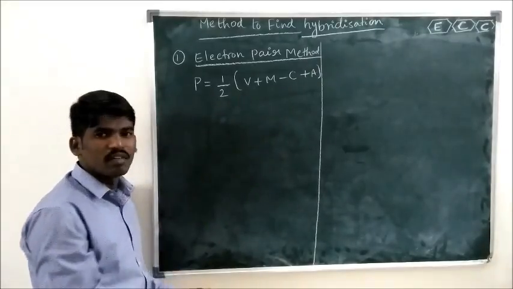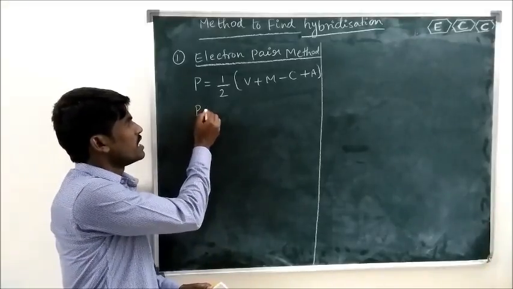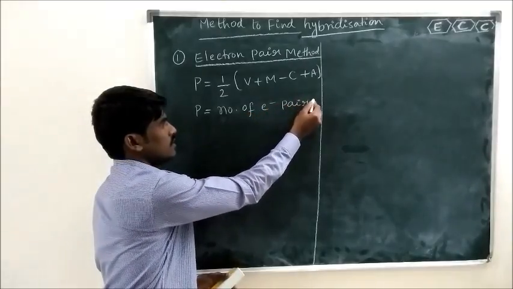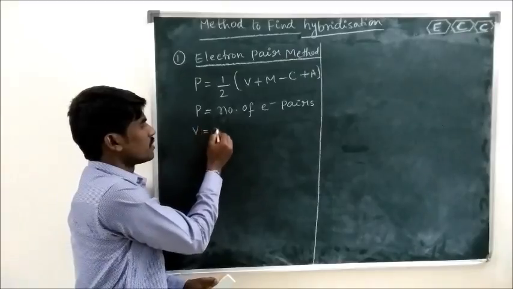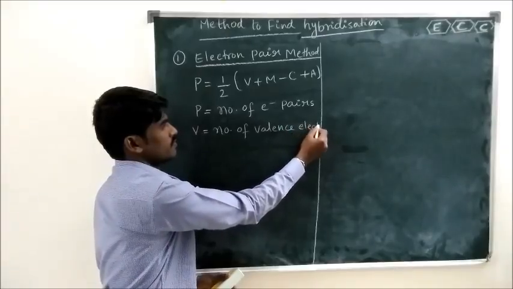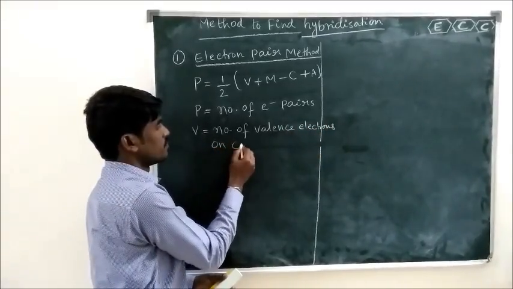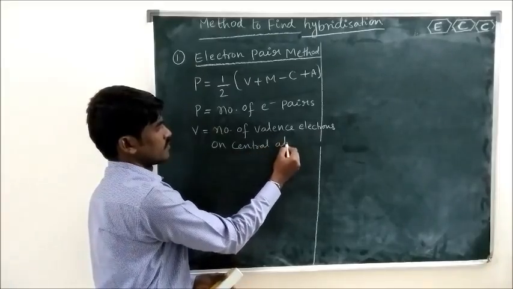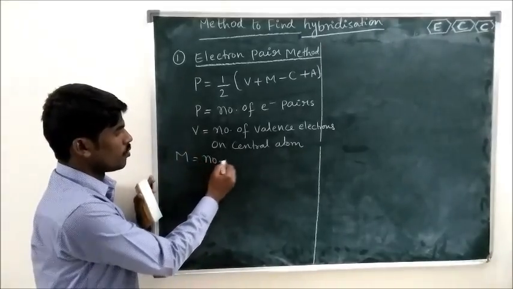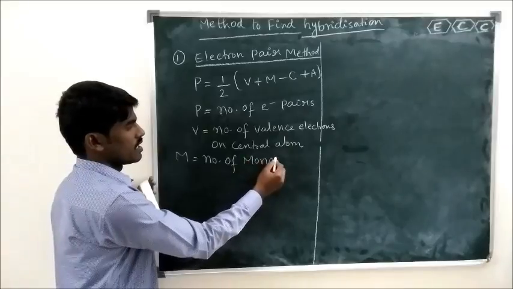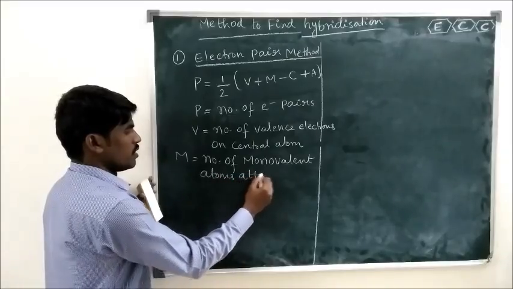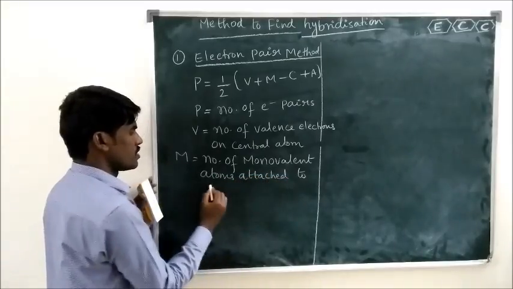Let me explain the terms involved in this formula. P is equal to the number of electron pairs, V is equal to the number of valence electrons on the central atom, and M is equal to the number of monovalent atoms attached to the central atom.